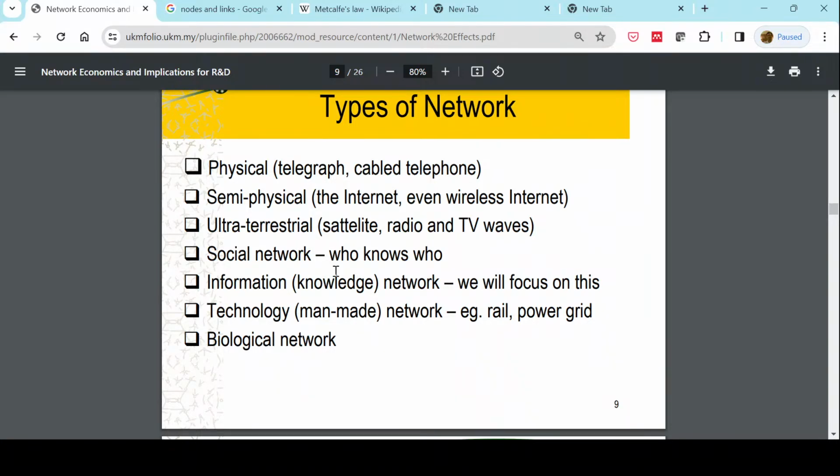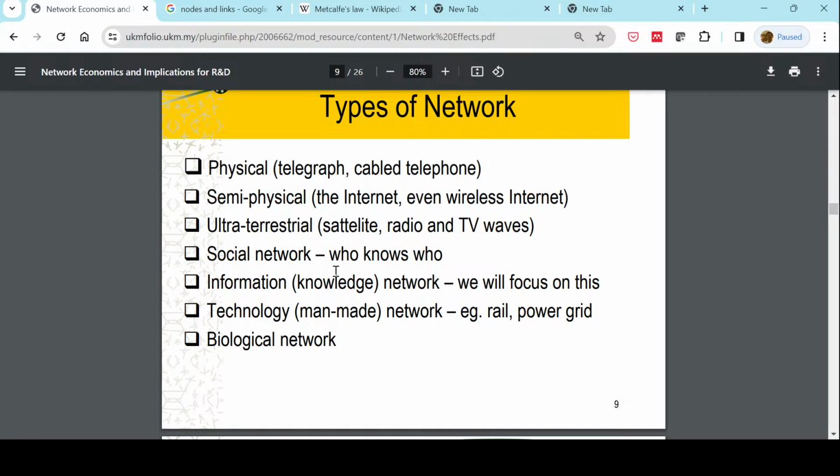This is just me listing the types of networks. Physical, like telegraph, cable, telephone is a network also. Physical, connected. Semi-physical, internet. Now I'm using Wi-Fi, right? It's not connected by wire. Yes, wireless internet, it is semi-physical.